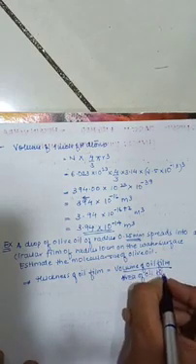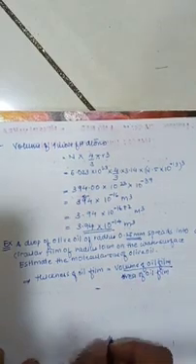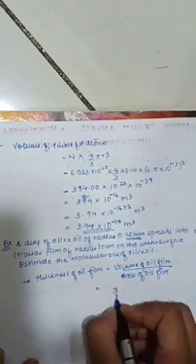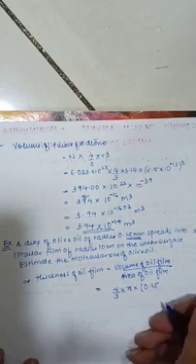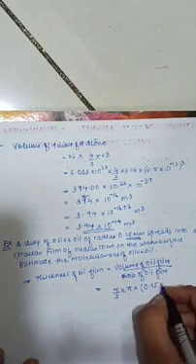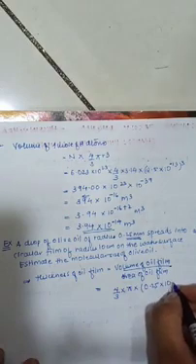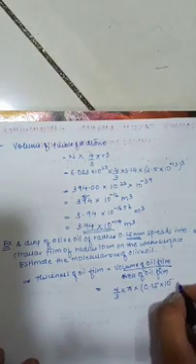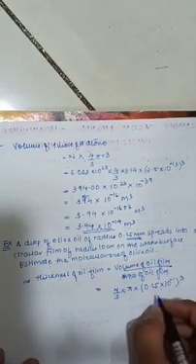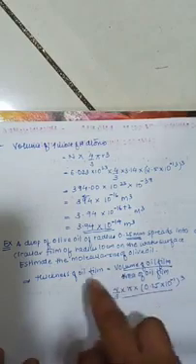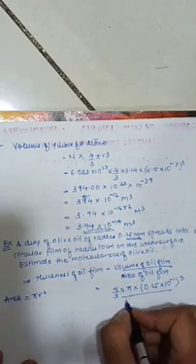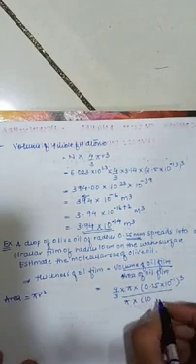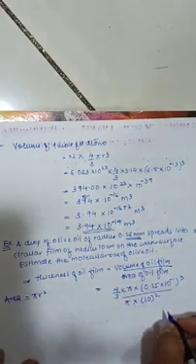For the volume, 4 by 3 pi r cube, they have given 0.25 mm, so mm you have to convert to centimeter by multiplying by 10 power minus 1, cubed, divided by the area. For a circular film the area is pi r square, with radius 10 centimeter, so 10 square.